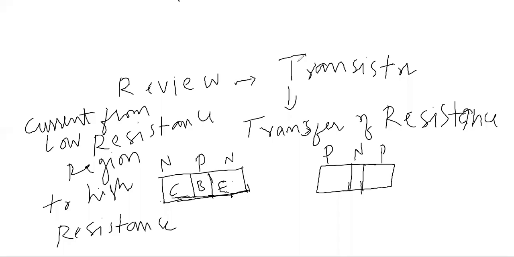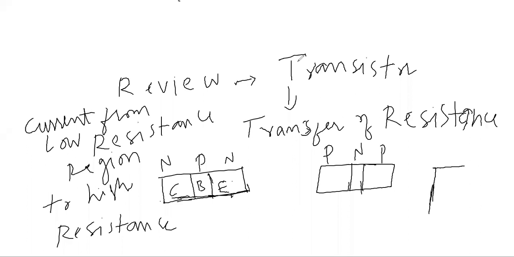Okay, so that is the meaning of transistor. Transistor means to transfer the current from a low resistance region, such as we saw that there are three regions in a transistor: collector, base, emitter. Collector size is larger than the other two regions.